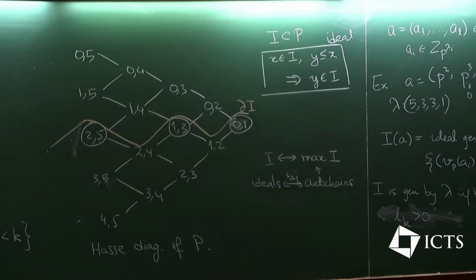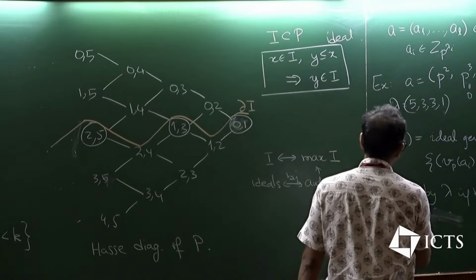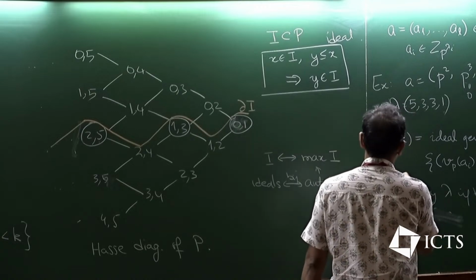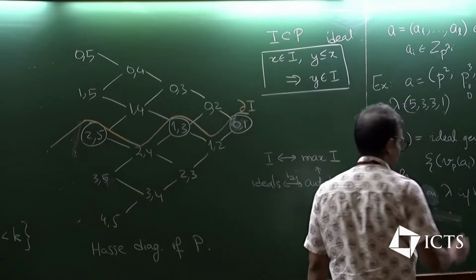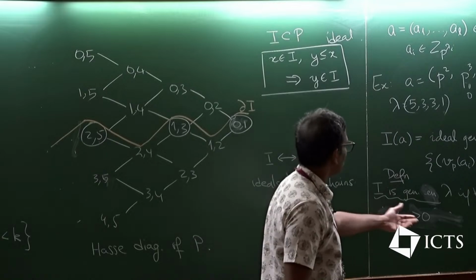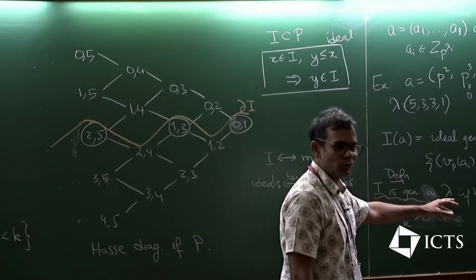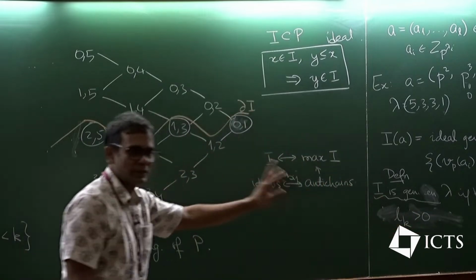Now I've switched to this exponential notation. So this is our definition. Maybe I should say generated in lambda, not by lambda. Okay. So I'm not saying that each lambda generates one ideal. I'm just saying that the ideal is generated by elements in the columns corresponding to lambda.